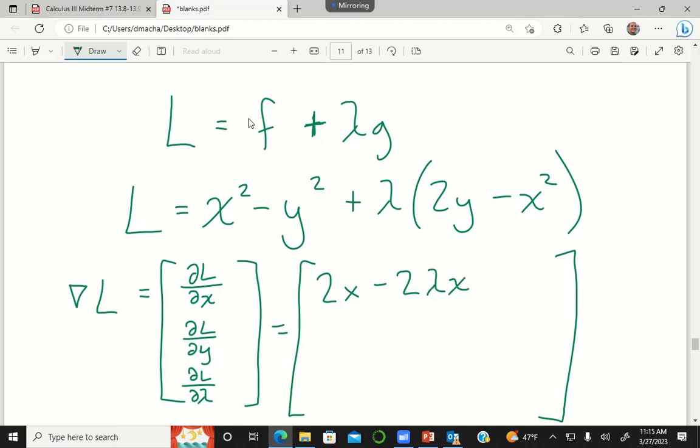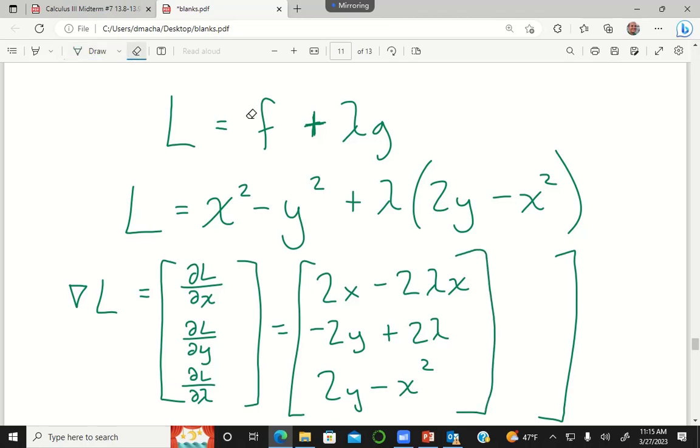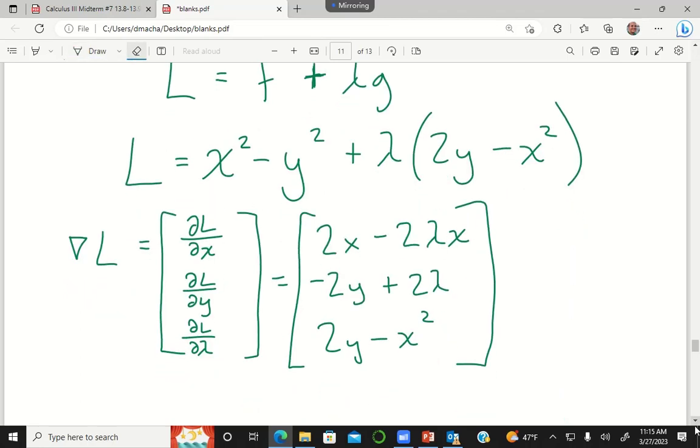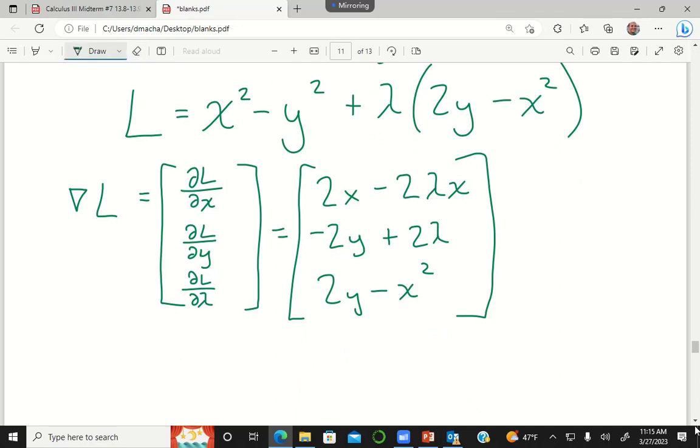My partial with respect to y would be negative 2y plus 2 lambda. And then my partial with respect to lambda would be 2y minus x squared. So that is the vector. That is the gradient of my Lagrange function.